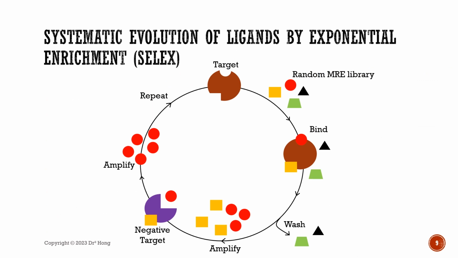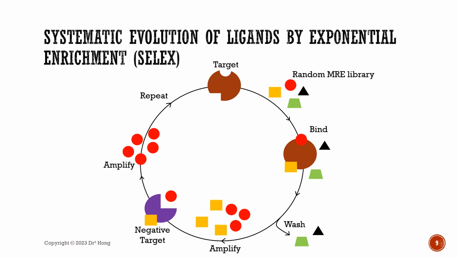Now let's look at the in vitro selection process for nucleic acid ligands. The systematic evolution of ligands by exponential enrichment (SELEX) process is a laboratory technique that allows the selection of RNA or DNA molecules with high binding affinity to a target molecule or biomolecule of interest.